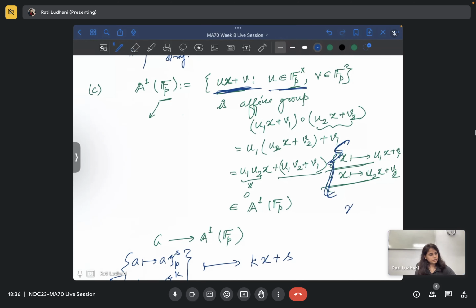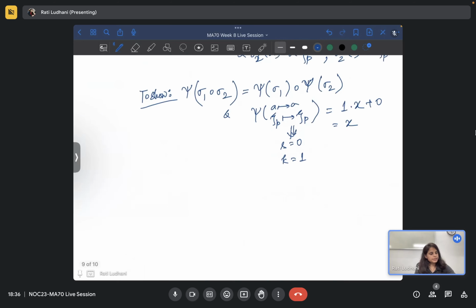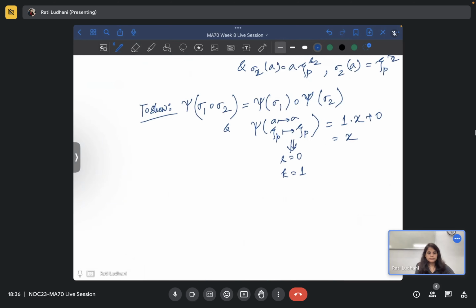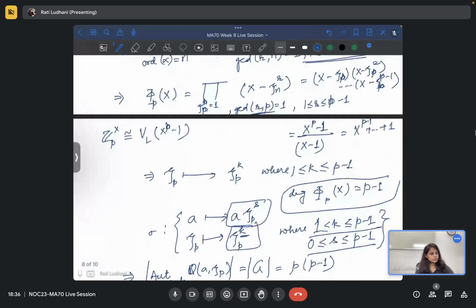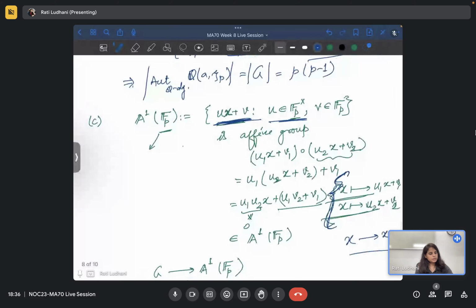Or you can just think of it as we have written: any two elements will map to the composition. So this is the identity element of the affine group A1 over F_p.